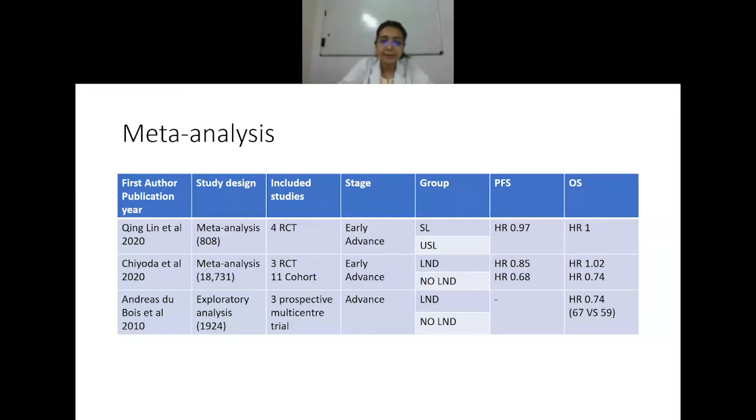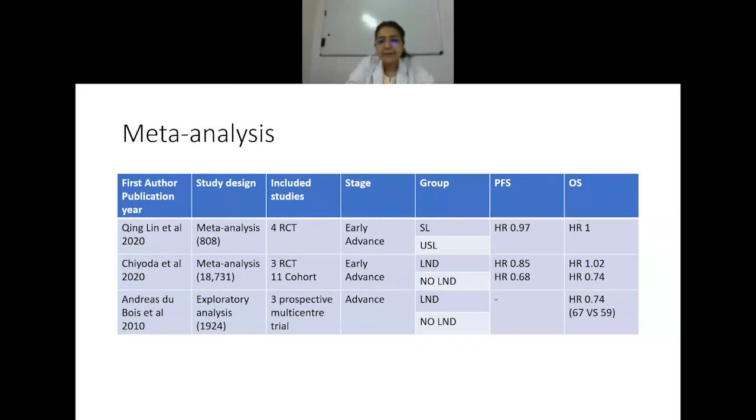Chiura et al. did a meta-analysis published in 2020. It included 3 RCTs and 11 cohorts, including both early and advanced stages of ovarian cancer. The groups were divided as lymph node dissection and no lymph node dissection. When we see the RCTs, we find that in early ovarian cancers, there is some benefit in progression-free survival, whereas in overall survival, there is no benefit.